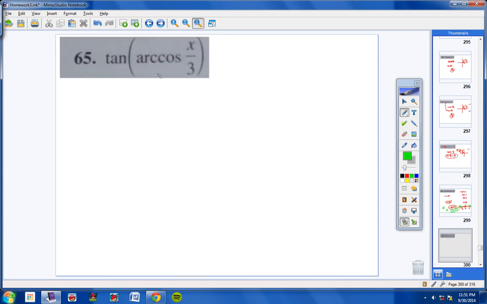Arc cosine of x over 3, that's the same thing as cosine of theta equals x over 3. Cosine would be in the first quadrant. Put your theta here, adjacent over hypotenuse. Let's quickly find our missing leg.